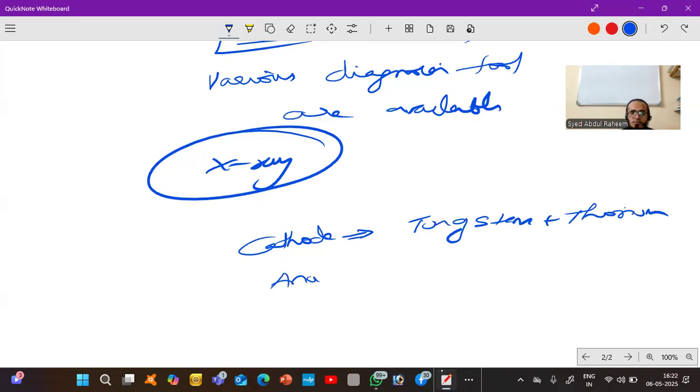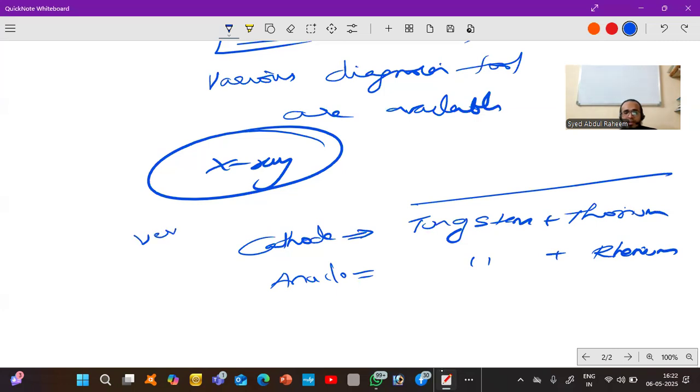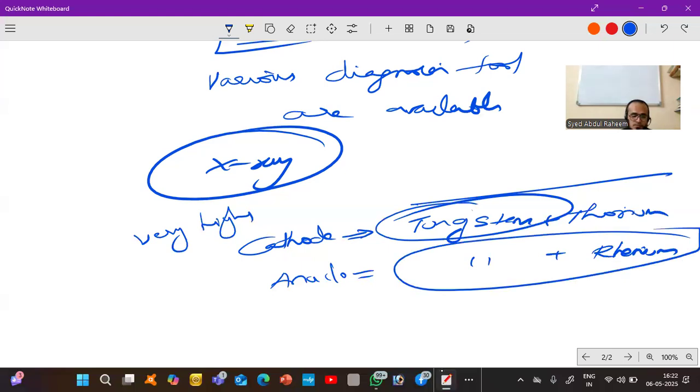Anode is made up of the same tungsten plus rhenium. So why did they select these? Because they have a very high melting point, so they cannot melt easily. That is the reason they selected tungsten, thorium, tungsten, rhenium. So these are the basic things we have to understand.